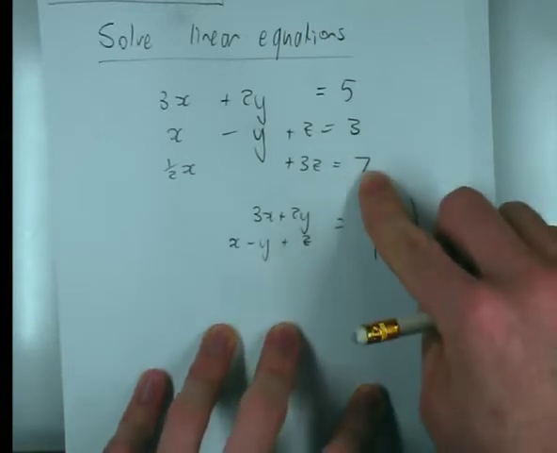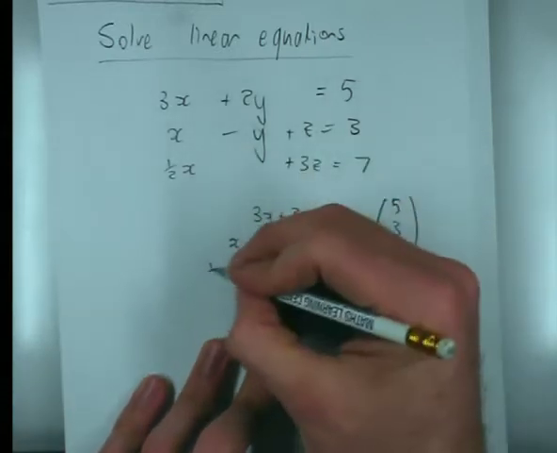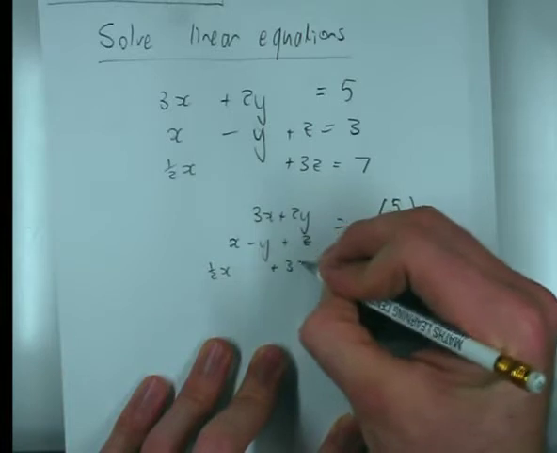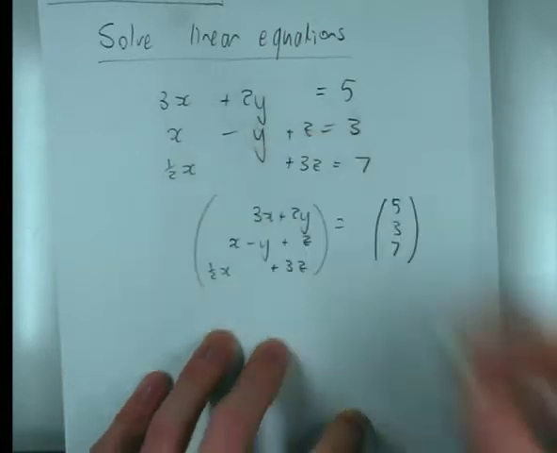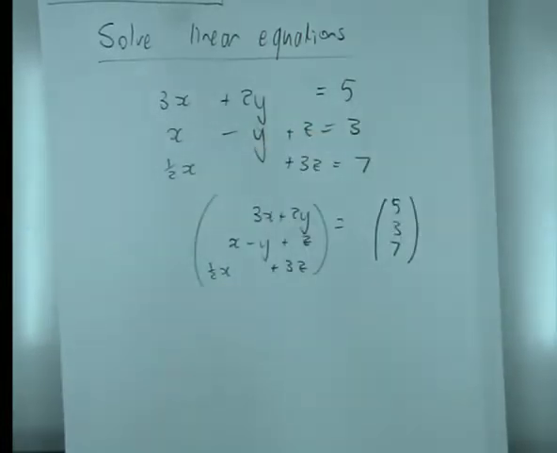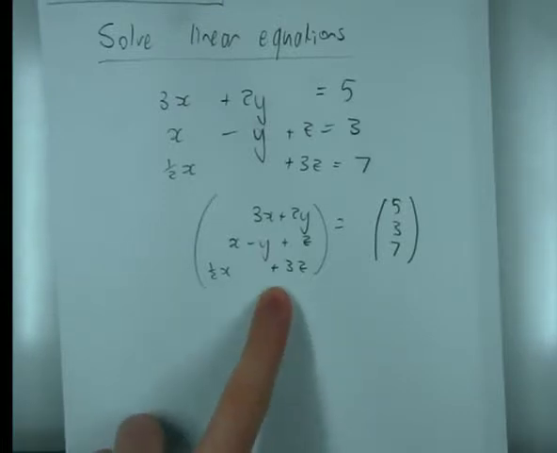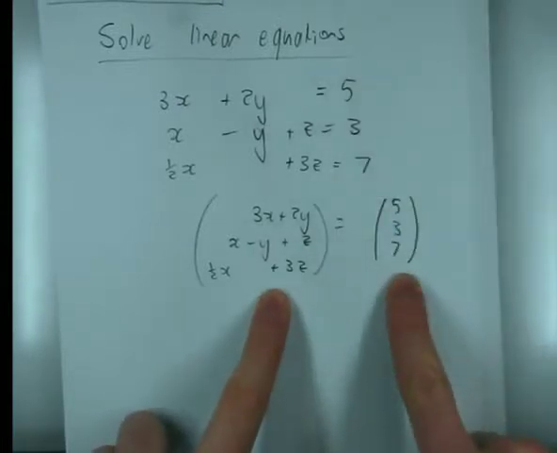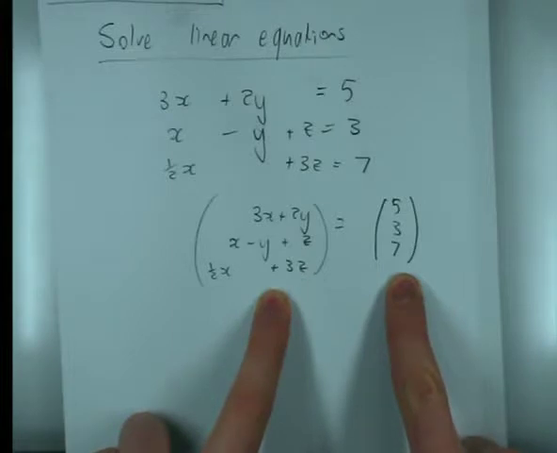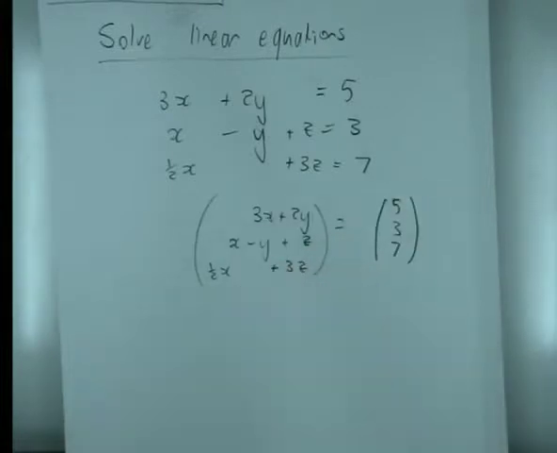And the third coordinate is 7, but it's also a half of x plus 3z. So I can write this as a vector. Now, in order for those three equations to be simultaneously true, this vector, whatever it is, has to be equal to this vector. You have to pick the right x's and y's so that this comes out to 5, 3, 7.